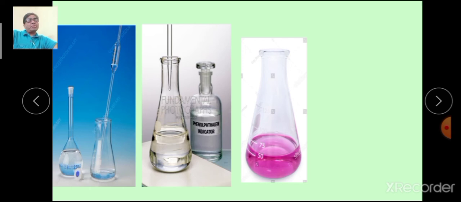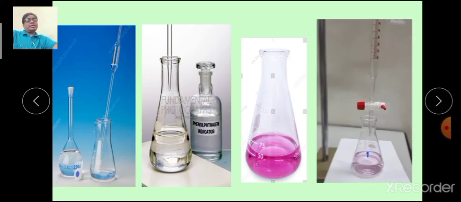Now you have to make this pink color disappear by addition of acid from the burette, and therefore carry out the titration till the color changes from pink to colorless. That is, the color goes due to the addition of acid from the burette.